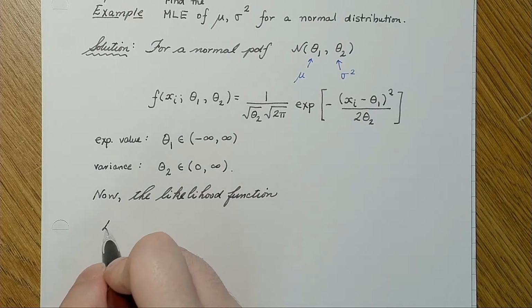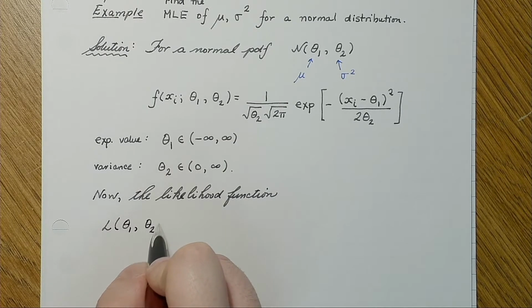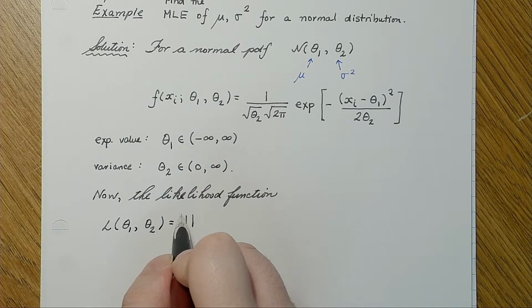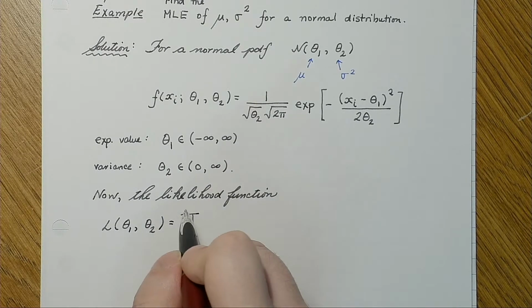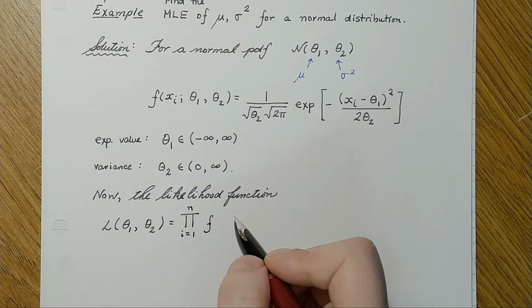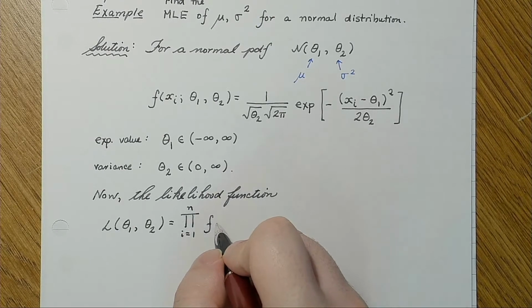So instead of just L theta, it's L theta 1 and 2. We have the product. Assuming that each of the random variables is independent, we can then multiply them together.